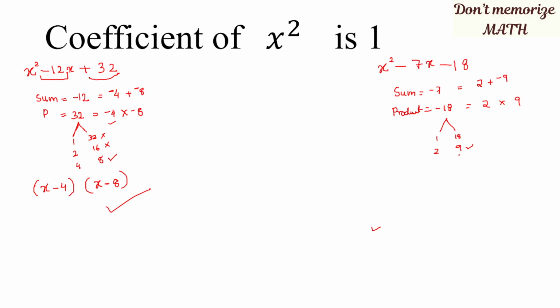Minus 9 plus 2 is minus 7, and 2 times minus 9 is minus 18. So the numbers are 2 and negative 9. So the factors are: we have 2 there, so the first factor is x plus 2. We have minus 9, so the second factor will be x minus 9.